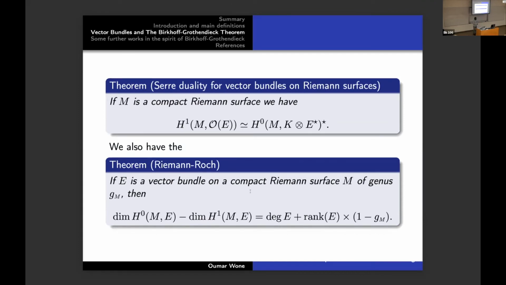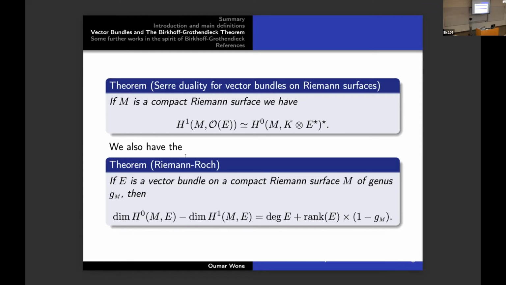Now, we also have Serre duality for vector bundles on Riemann surfaces. If we have a compact Riemann surface, then H1(M, O(E)) is equal to the dual of the space of global sections of the canonical bundle times the dual of E. And we also have the Riemann-Roch theorem.